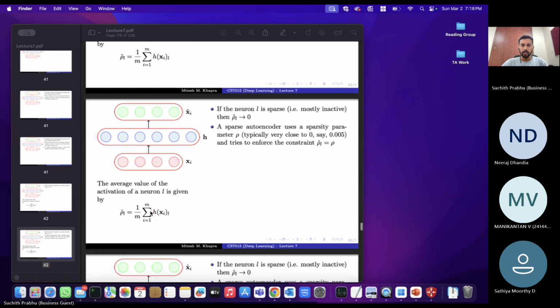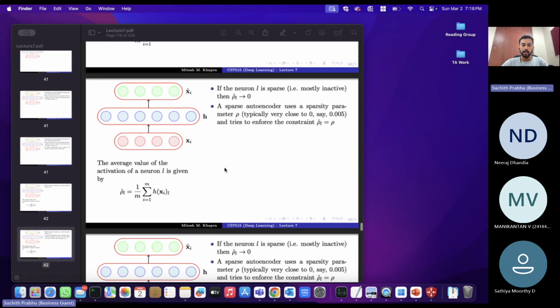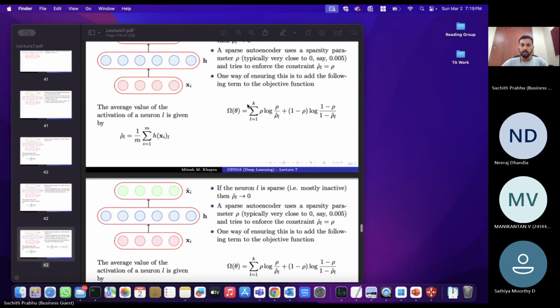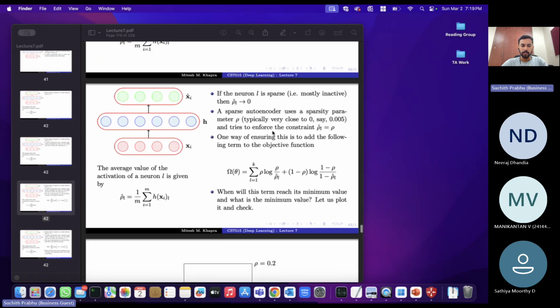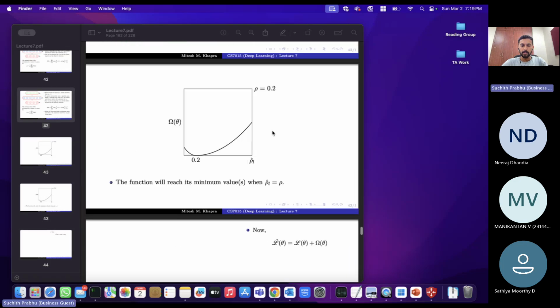We fix this parameter tau to the sparsity that we want in the network. So this would be a hyperparameter, and to achieve this, there is another term, this one. This is just computing cross entropy between the desired and the target sparsity. So this also acts like regularization.